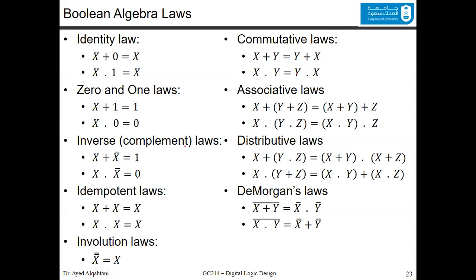The inverse or complement law: if you have x or x bar, so if you OR x with its complement, the result is going to be 1. If you AND x with its complement, the result is going to be 0. Before I continue with the other laws, it's also good to make use of the true and false representation of the values to understand them.